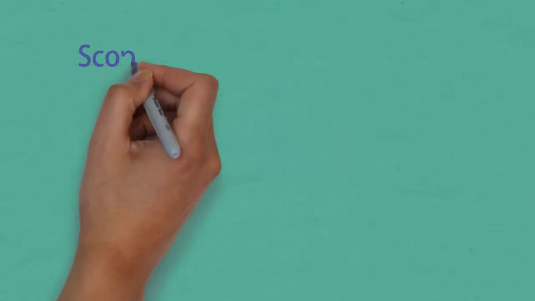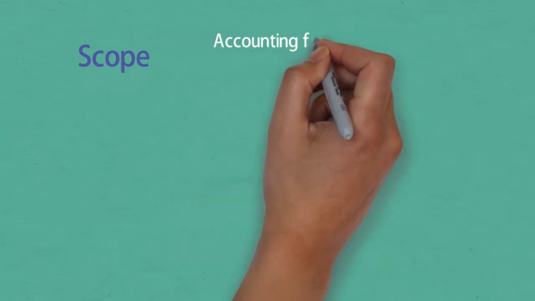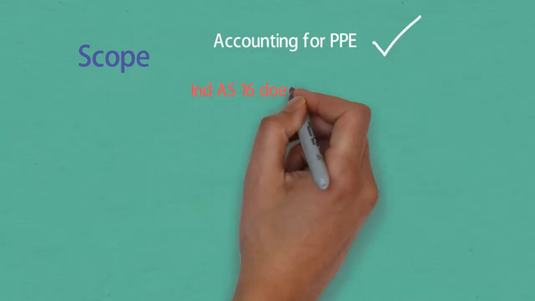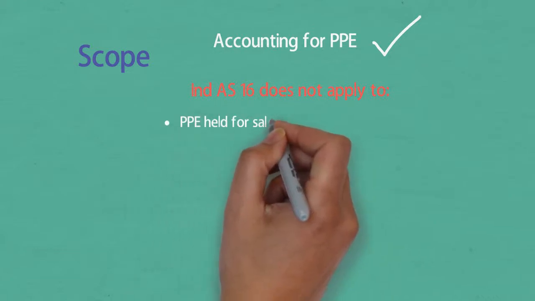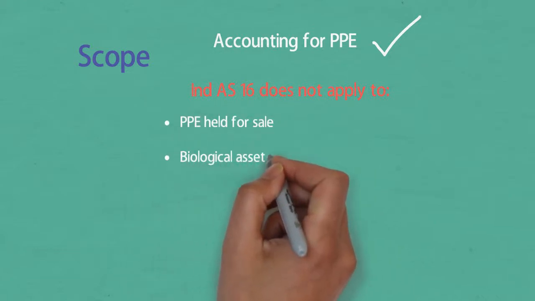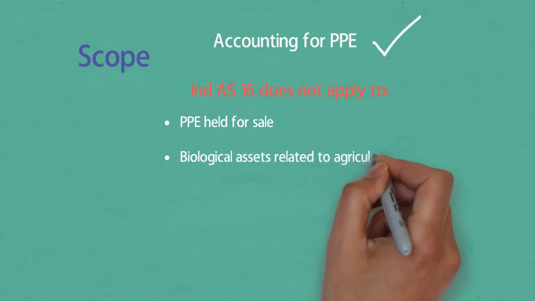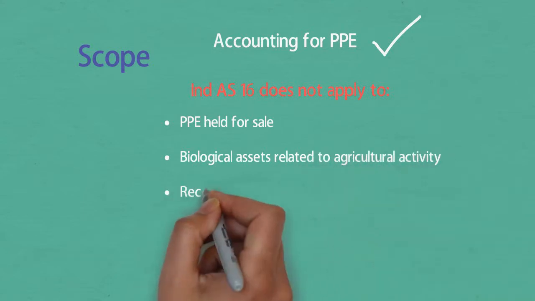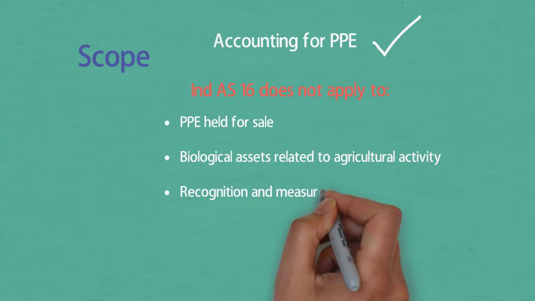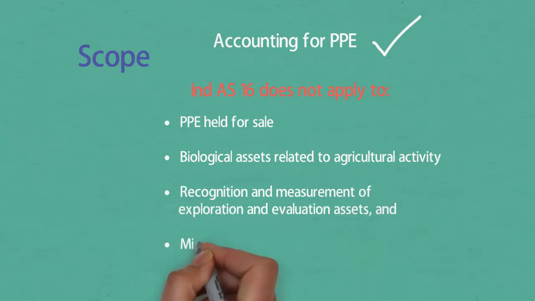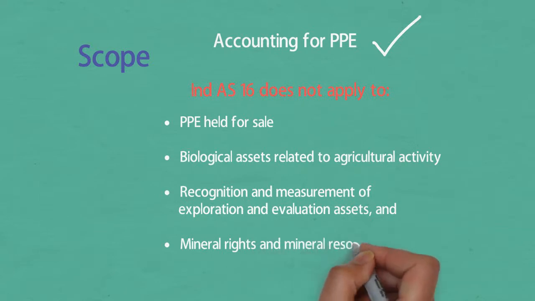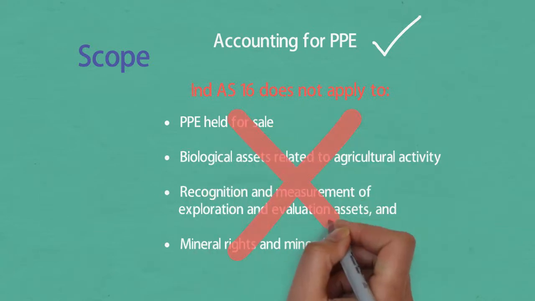Ind AS 16 is applicable to accounting for PPE except when another standard requires or permits a different accounting treatment. Therefore, Ind AS 16 does not apply to accounting for PPE classified as held for sale, biological assets related to agriculture activity, recognition and measurement of exploration and evaluation of assets, and mineral rights and mineral resources.